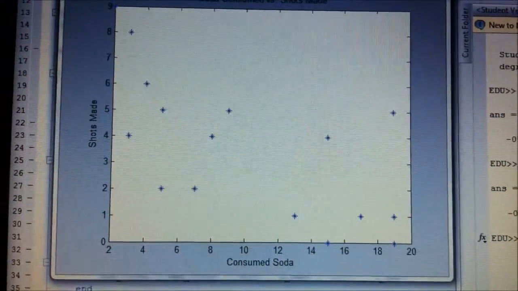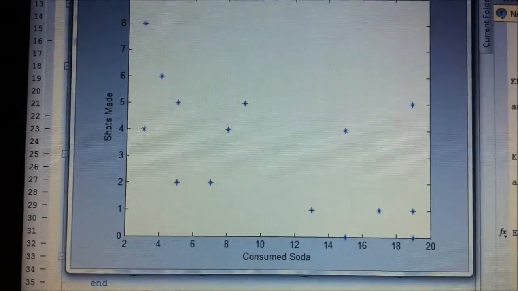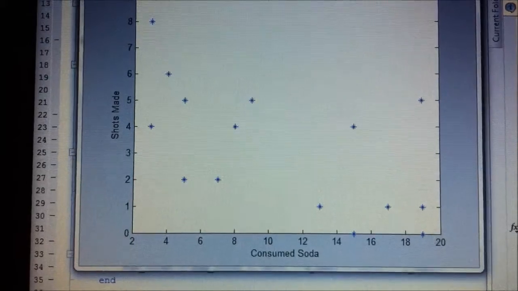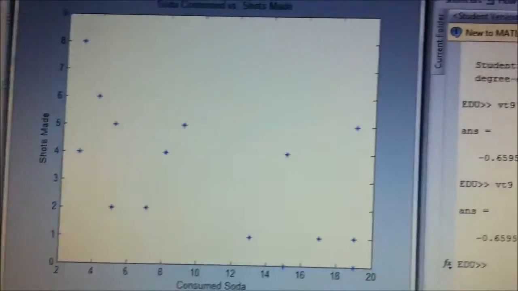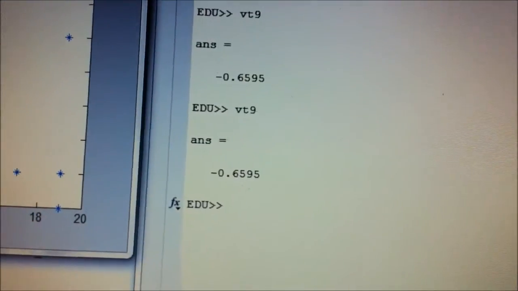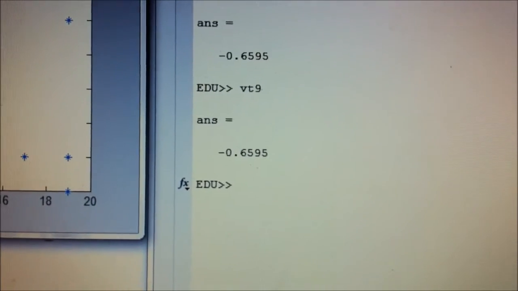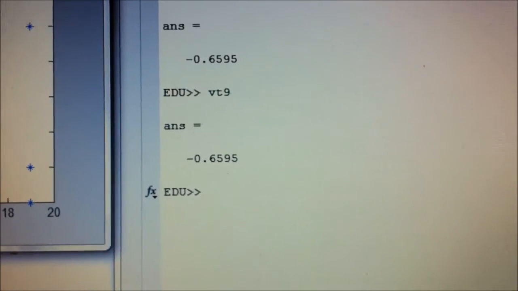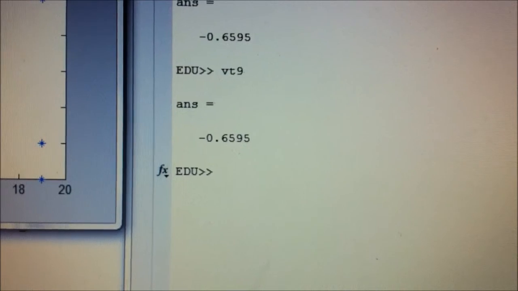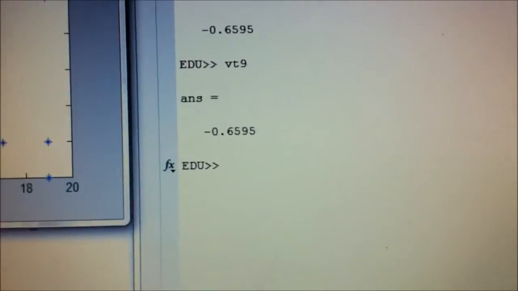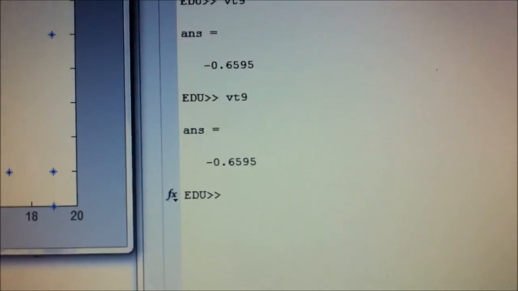The correlation in this plot seems to be a negative low correlation. And the correlation coefficient we received was negative 0.6595, which is a pretty low correlation.